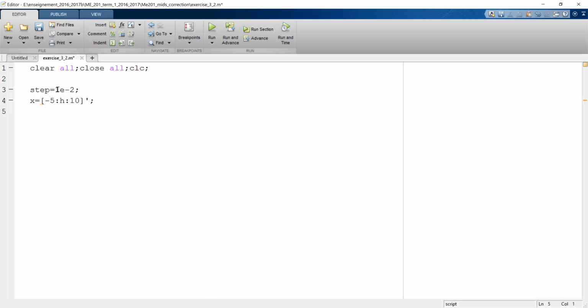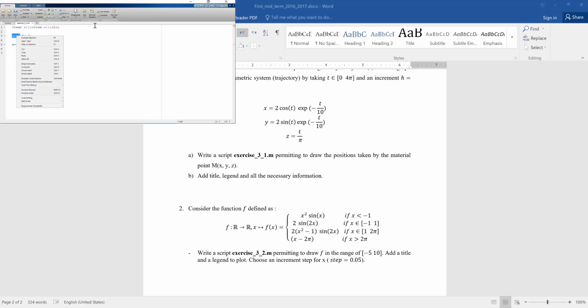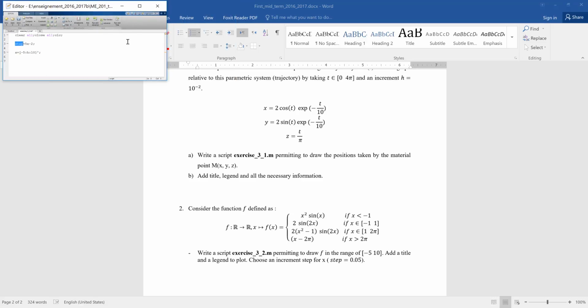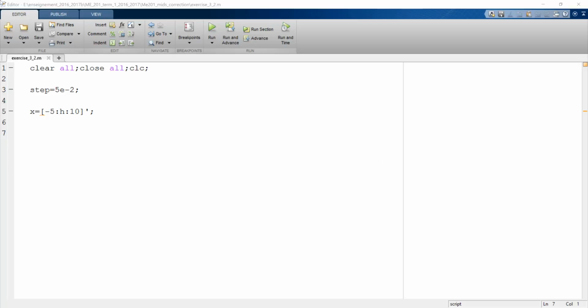So you write clear, close all, clc, step 5 times 10 exponent minus 2. Your x is between minus 5 and 10. Here you will call it not h, but step. Save. N is equal to the length of the vector x.